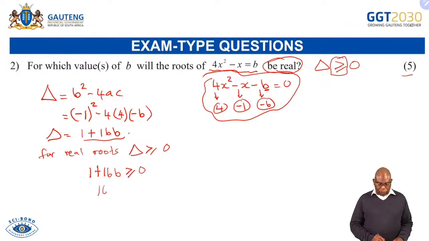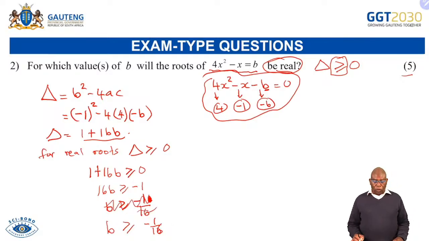Then for me to get the value of b, I must transpose that 1 to the other side and divide both sides by 16. So I'll have minus 1 over 16. So b will be greater than or equal to minus 1 over 16.